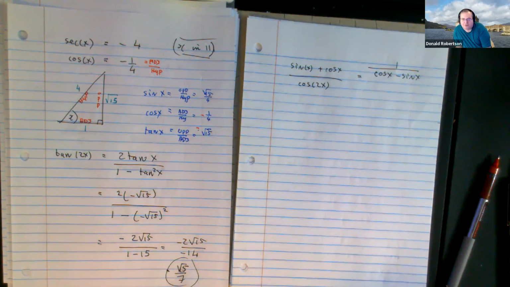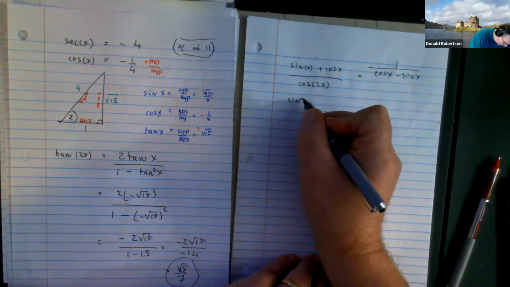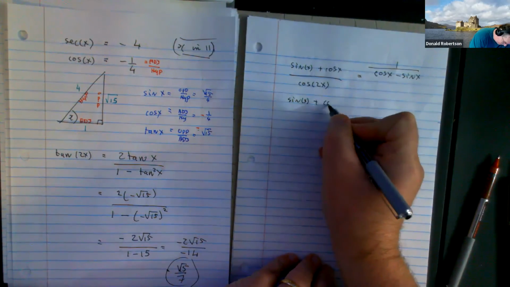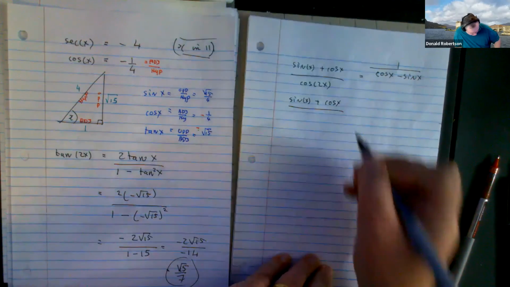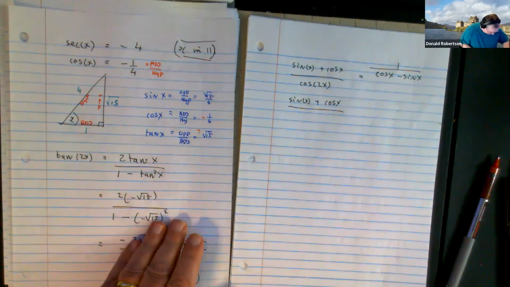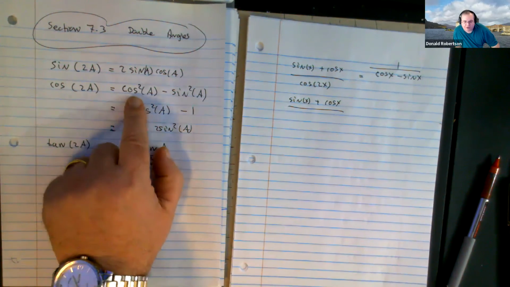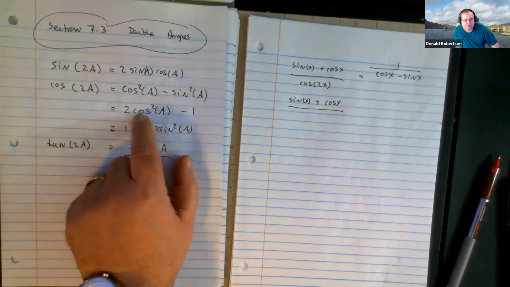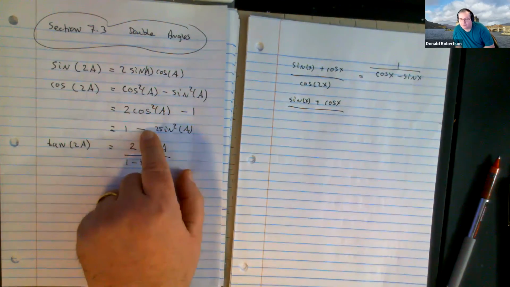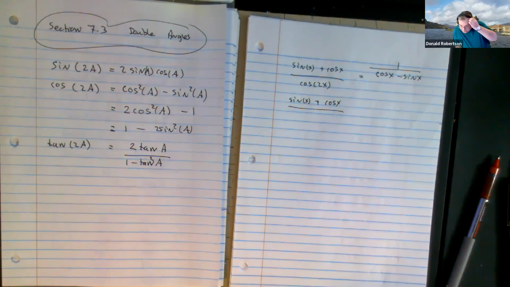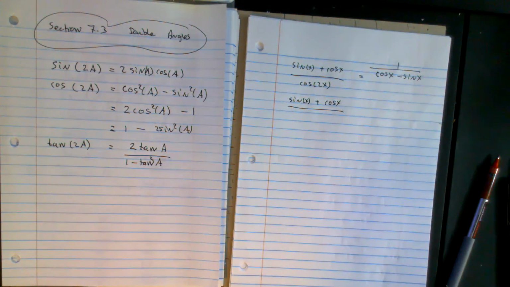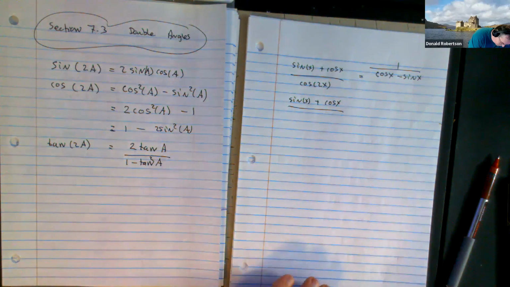And we're being asked to prove this identity. So I'm taking this side and I'm going to turn the cosine of 2x into something using sines and cosines. Can you imagine it could be cos squared take away sine squared? It could be 2 cos squared minus 1, or it could be 1 take away 2 sine squared, right? We have 3 versions. We just choose the first one. I would agree with you. So use the first one.